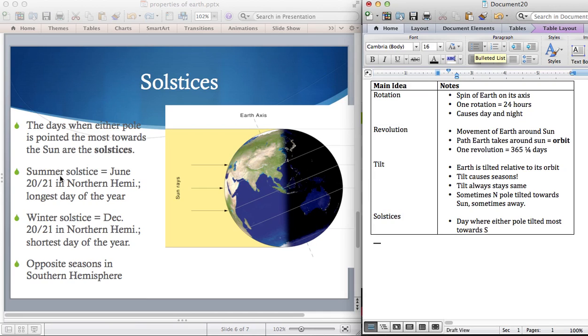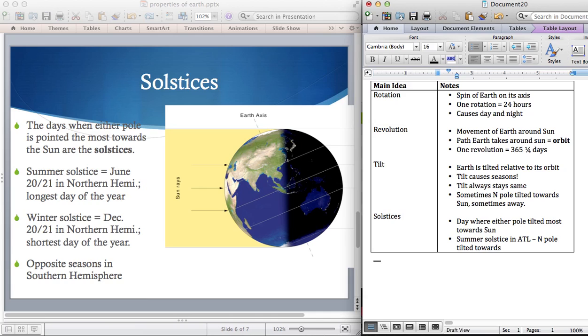All right? Summer solstice would be when, for us, the northern hemisphere is tilted towards the Sun. So summer solstice in Atlanta is when the North Pole is tilted towards the Sun.